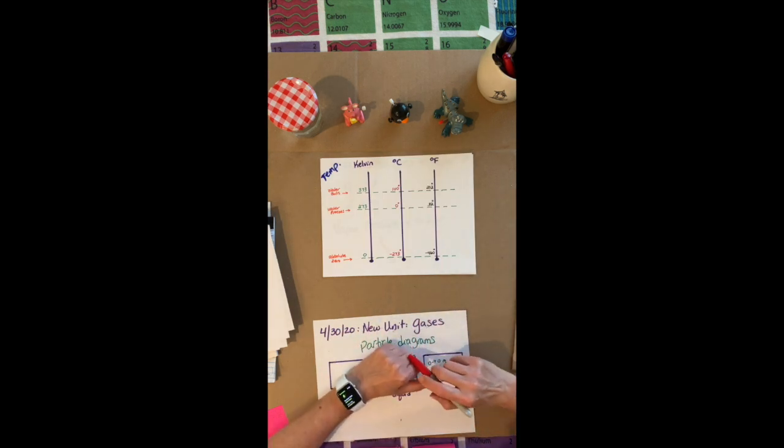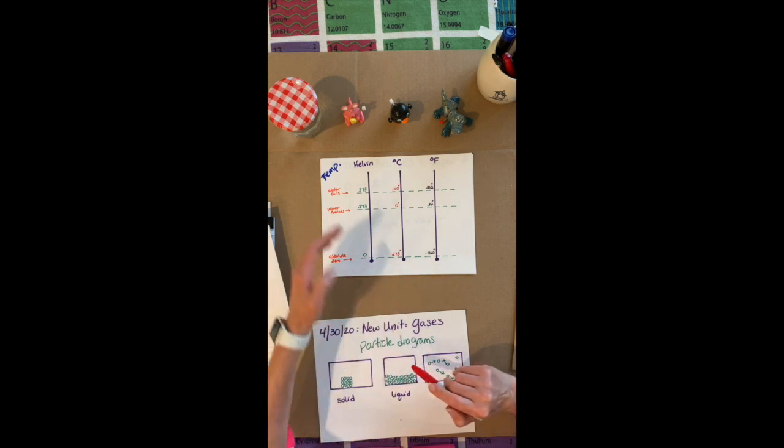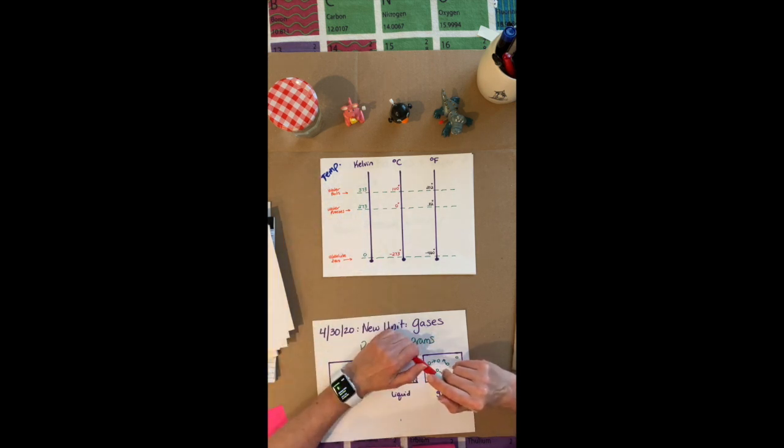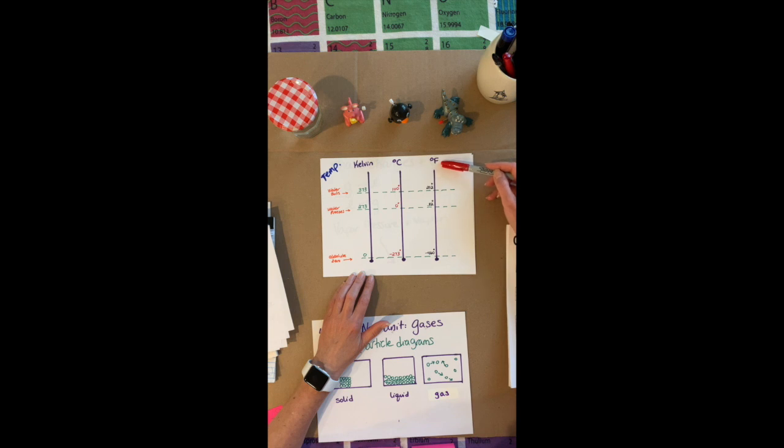Okay, so let's switch it up a bit. We're also going to talk a lot about temperature when we talk about gases. And I'm showing you degrees Fahrenheit just because we all, living in the United States, relate to these temperatures more so than the other two.